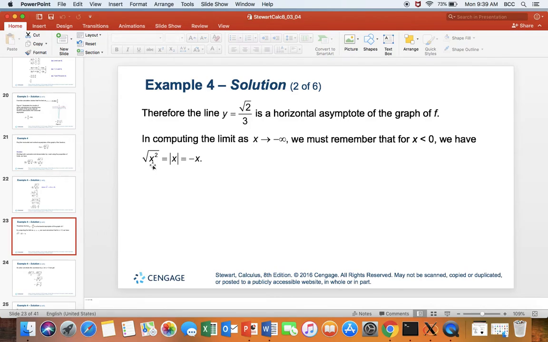So what you had negative inside became positive outside. If x is negative, minus x would be positive. That's why. So do remember, when x is negative, the square root of x squared is the absolute value of x, which is negative x.